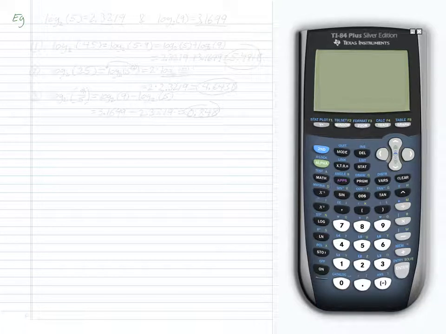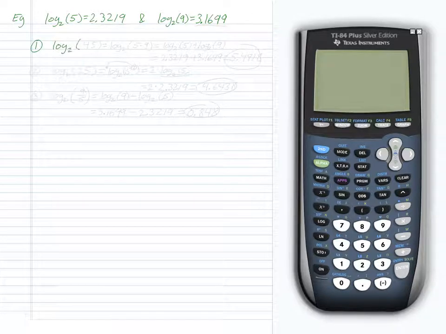For example, if I know that log base 2 of 5 equals 2.3219 and log base 2 of 9 equals 3.1699, I can use properties of logarithms to evaluate the following.